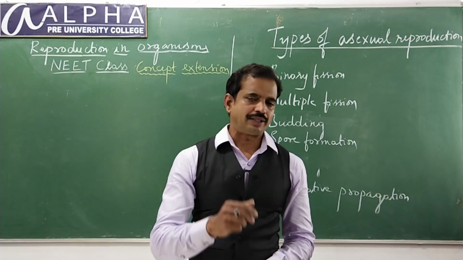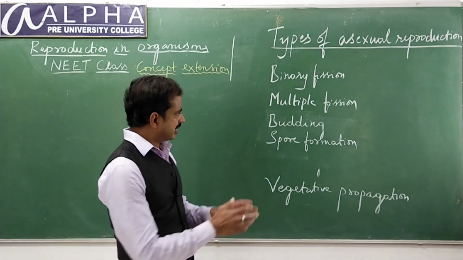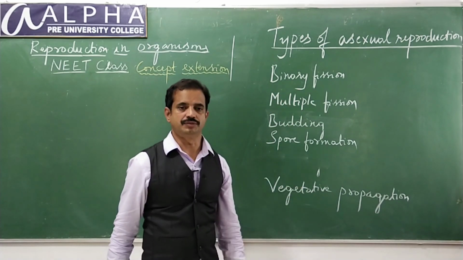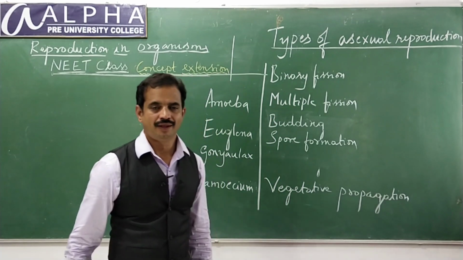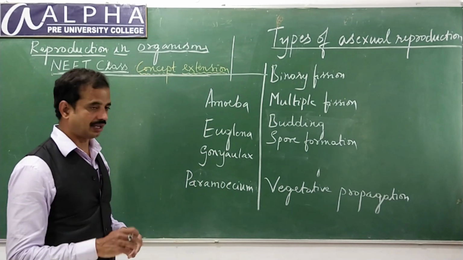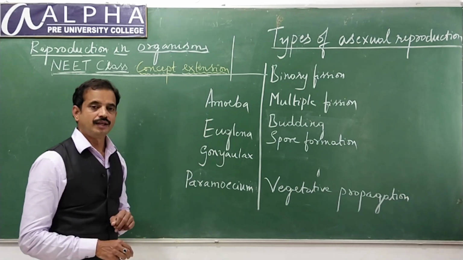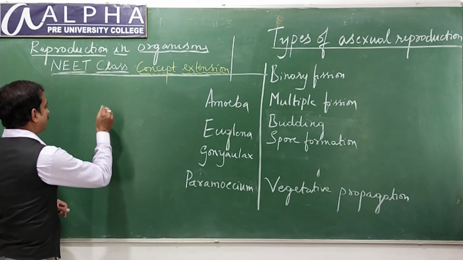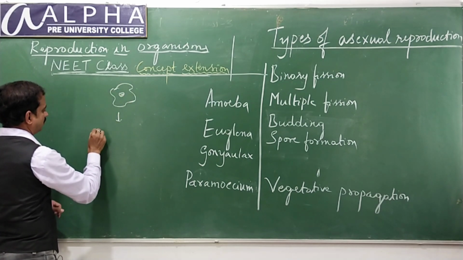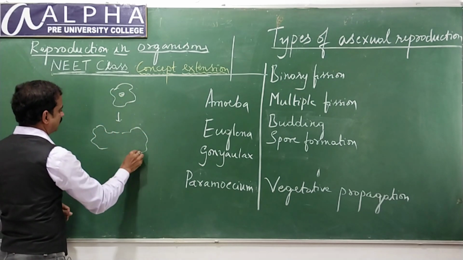So now let me consider the asexual reproductions one by one. First let me go to binary fission. Regarding binary fission, in your textbook they have given the example of amoeba, and you have studied that the amoeba is an irregular cell, and it will elongate like this.